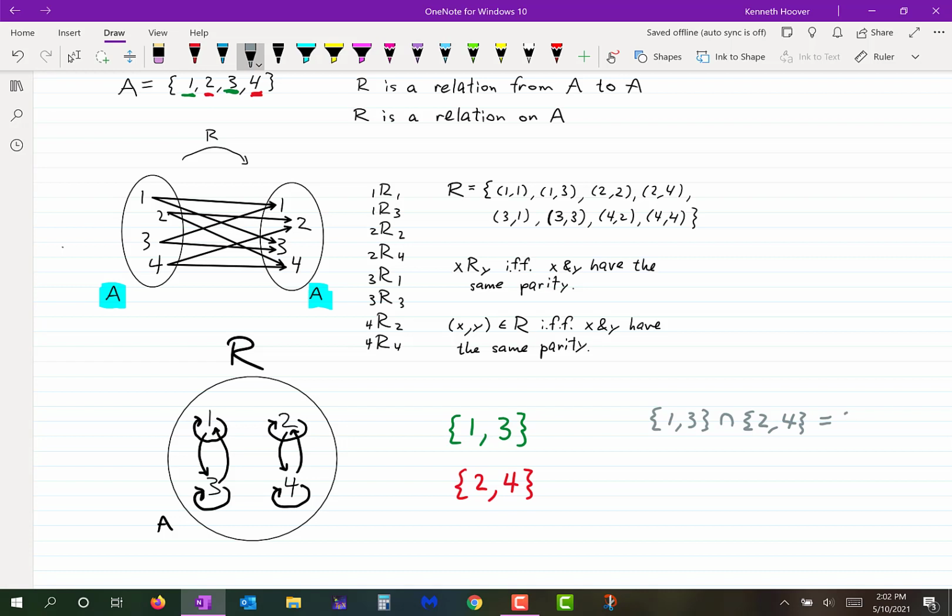Their intersection is empty, but they make up the entire set A. Their union is A. That's what the word partition means in set theory. Okay? Now, those sets, the green one and the red one, those are called equivalence classes.